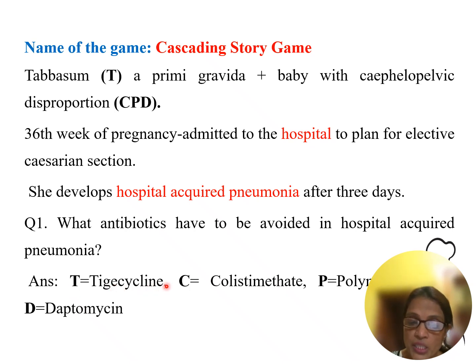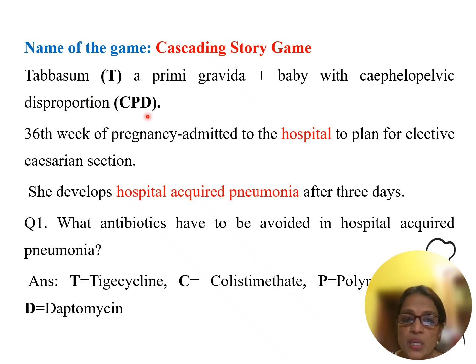Very irrationally, this is being used for respiratory infections, skin and soft tissue infections, intra-abdominal infections, CNS infections, urinary tract infections, thinking that tigecycline is a reserved, very broad spectrum antibiotic which can kill any organism. So remember, if it is a hospital-acquired pneumonia, you need to avoid using tigecycline because it doesn't reach a good concentration in the lung.